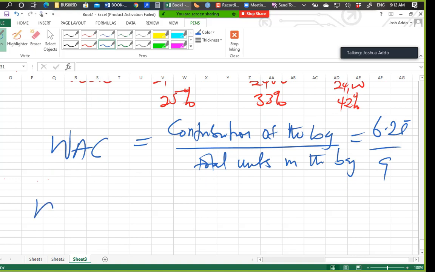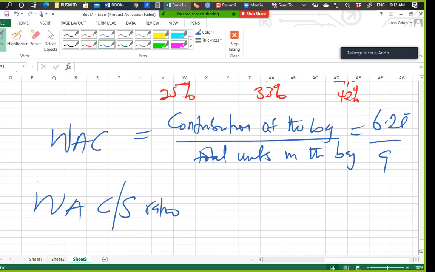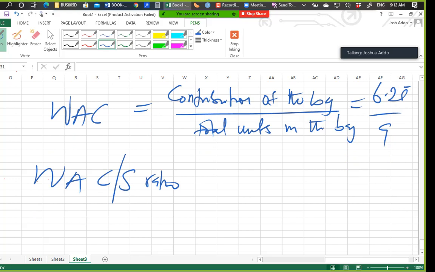Now we are calculating the weighted average contribution to sales ratio for the same mix, for the same bag. This one is also called the weighted average contribution margin ratio. This is how Americans call it, the same as the weighted average contribution to sales ratio.